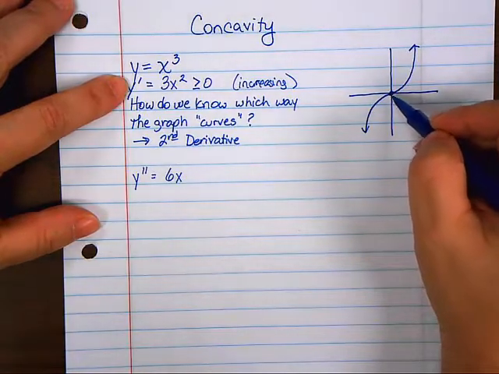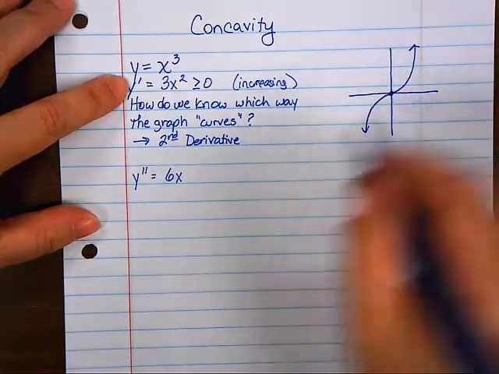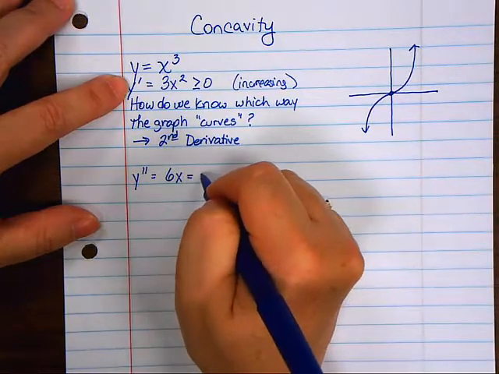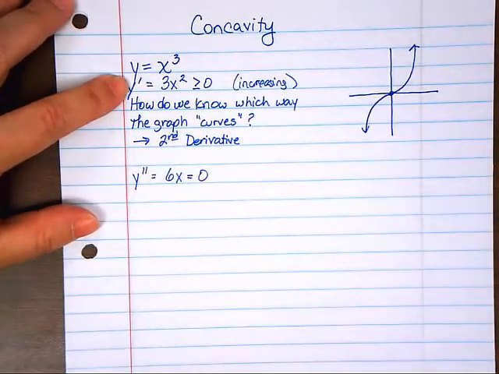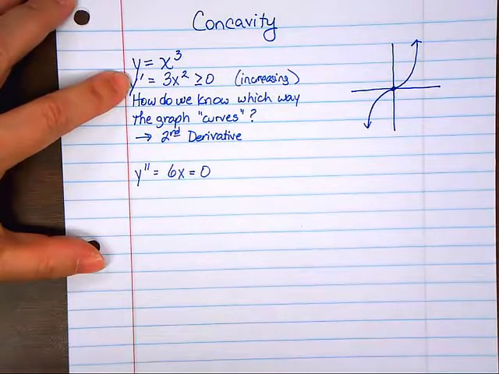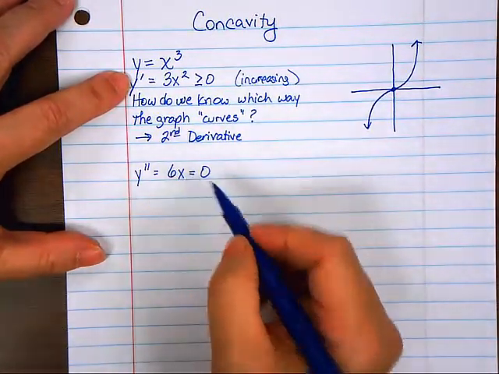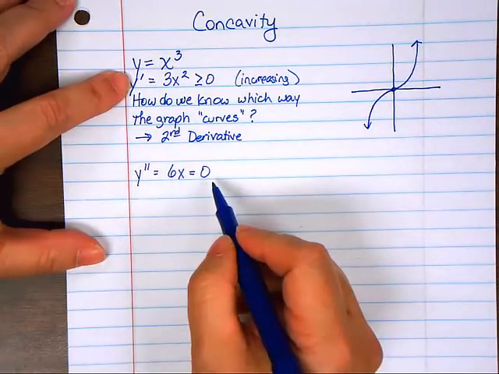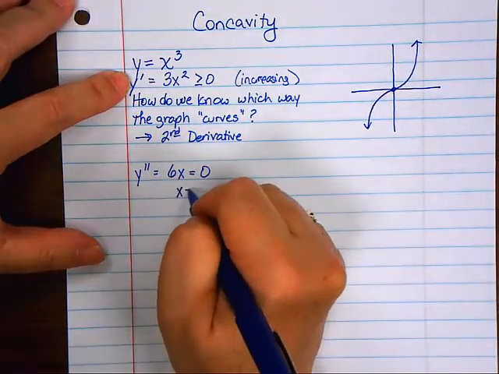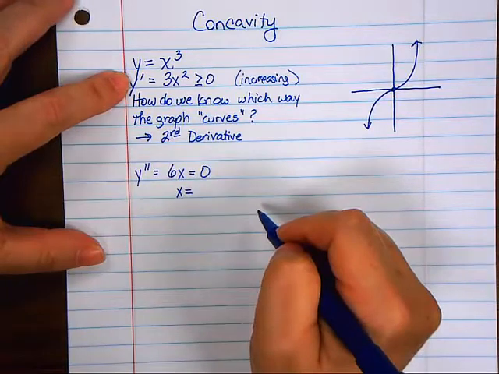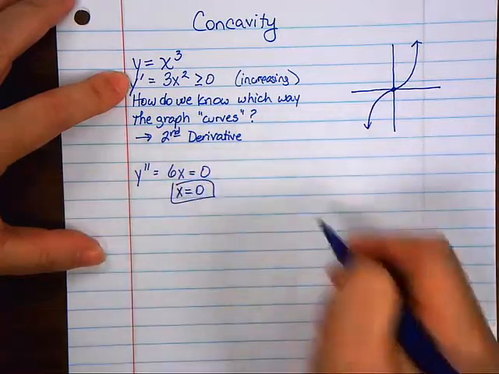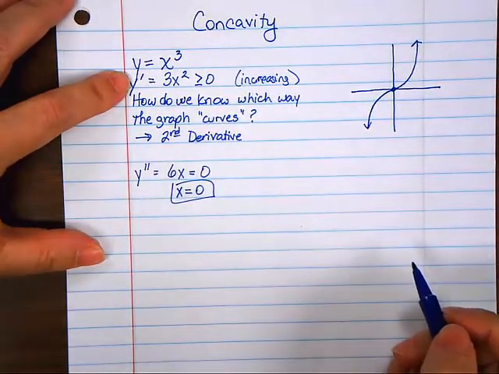Since it doesn't curve at all pretty much in the middle, that happens to be where the second derivative equals 0. We'll talk a little bit more about that in a minute. So when you're trying to find the curvature or the concavity of a graph, you need to set the second derivative equal to 0. So what value do we get for x? We get 0.